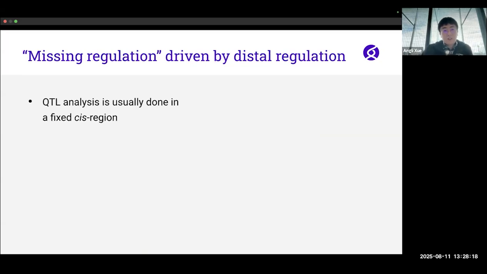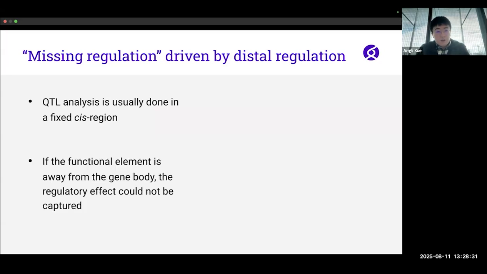First, the QTL analysis is usually done in a fixed region, which means that for a certain gene or certain peak, you only test the genetic variants within, let's say, 100 kb or 200 kb or maybe 1 megabase. And if a functional element like an enhancer is quite far from the gene body, this type of regulatory effect could not be captured.